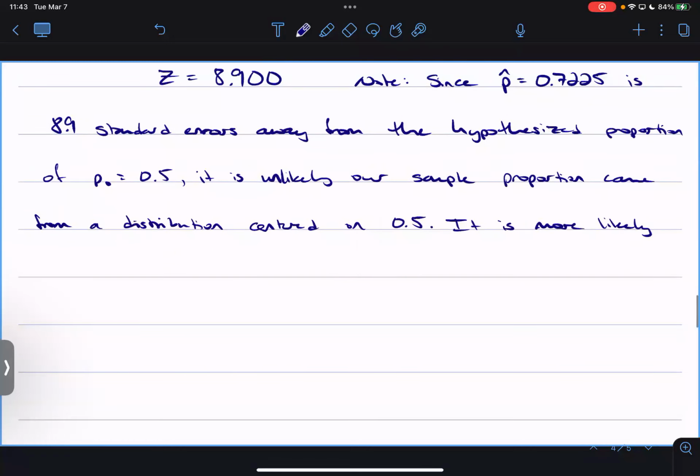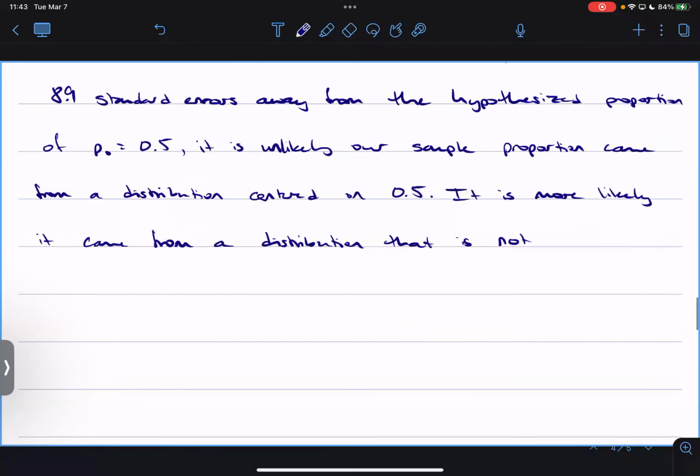And if this is not what you meant, Sammy, then speak now. It is more likely it came from a distribution that is not centered on 0.5, which is the alternative hypothesis, that P is not equal to 0.5.